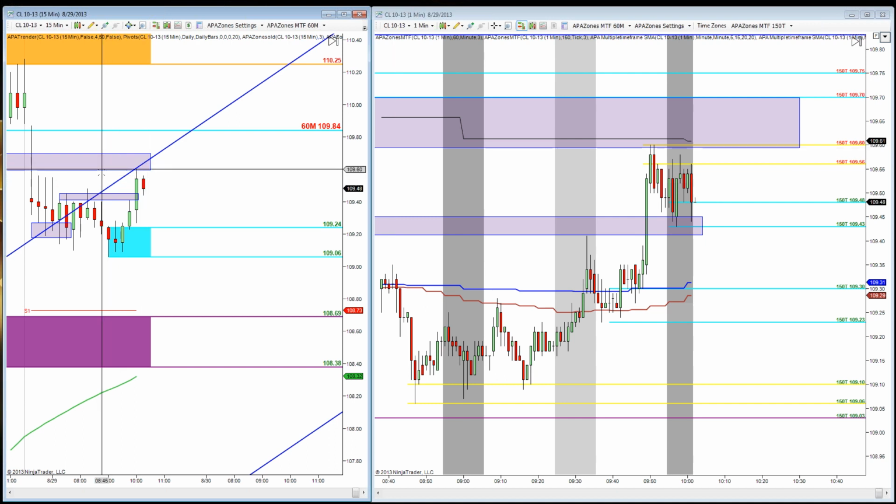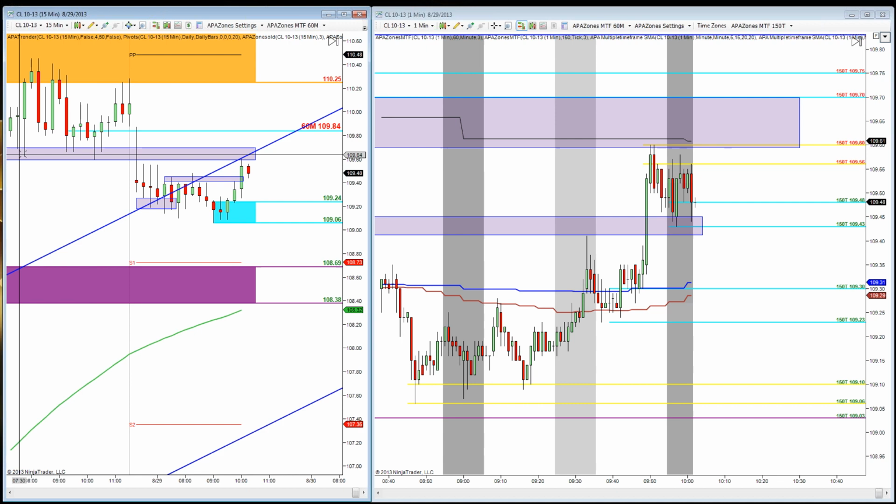So I'm going to completely negate that, but time of day and the flip-flop of support becoming resistance is the reason why I like this level up here.